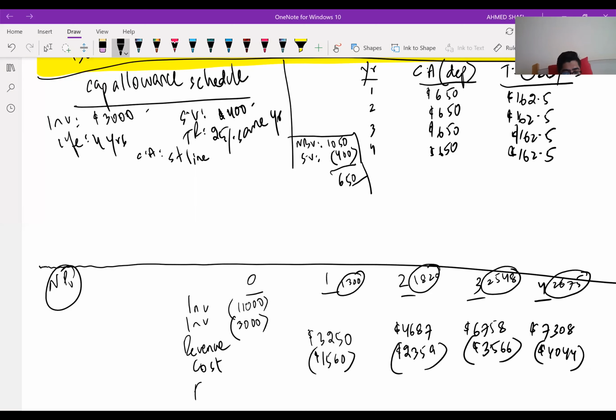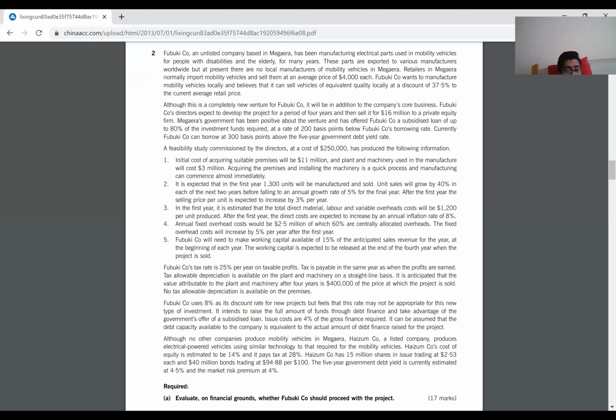Okay, then fixed cost. It's 1,000 in first year. How come 1,000? We are seeing some other figure. So fixed cost 2,500 each year. 60% are centrally allocated. Centrally allocated are irrelevant. Only 40%, 1,000 will be relevant, and 5% increase each year after the first year.